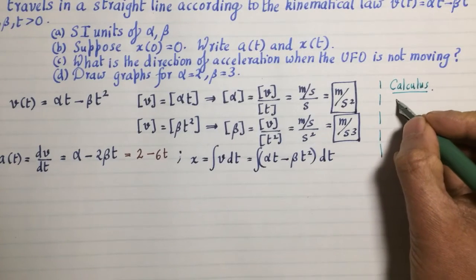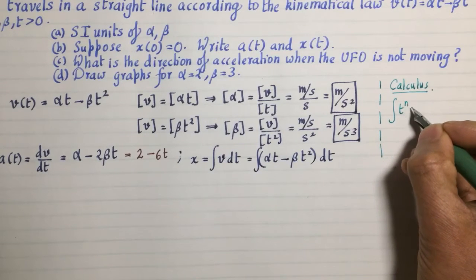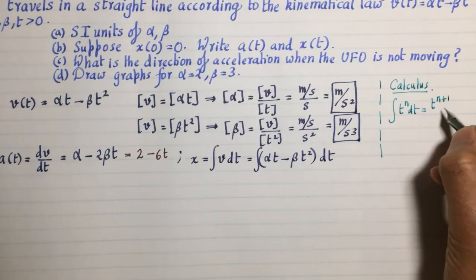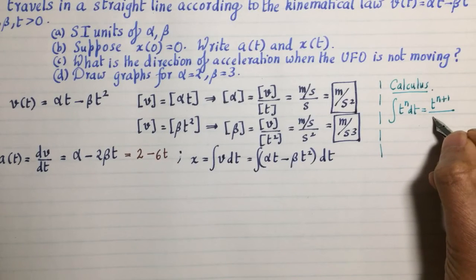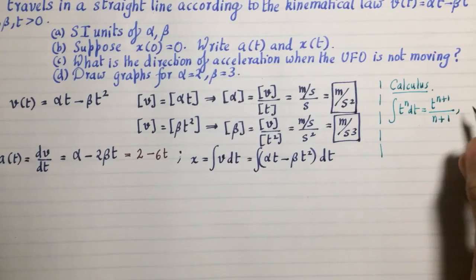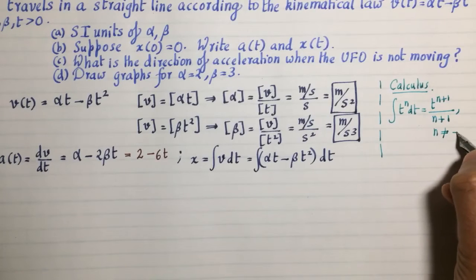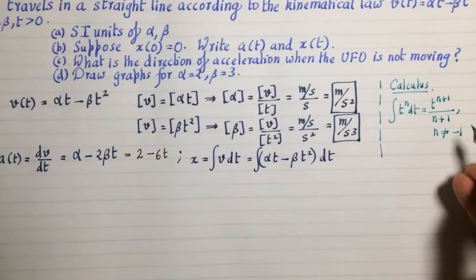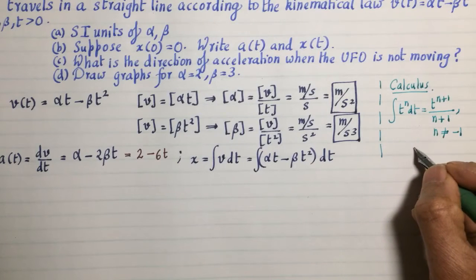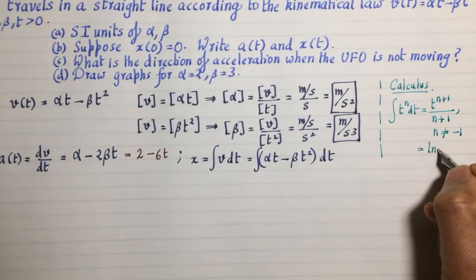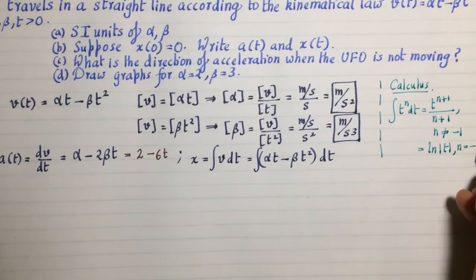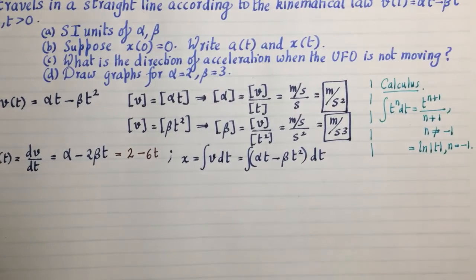And that is the integral of t to the power n dt is t to the power n plus 1 divided by n plus 1 if n is not equal to negative 1. If n is equal to negative 1, you cannot use this formula because the denominator goes to 0. And it's equal to the natural log of the absolute value of t if n is equal to negative 1. So this is a standard result from basic calculus.